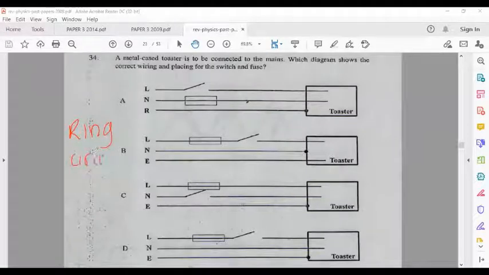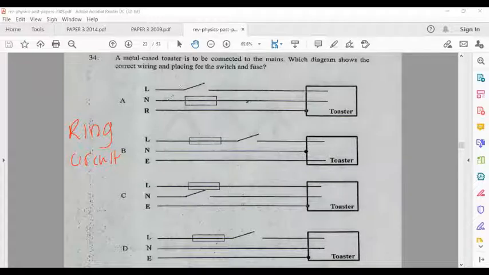What you need to remember about this is that on the ring circuit, only the live wire has fuses and switches. And it makes sense because that's the one that's carrying the current. The neutral wire's purpose is to take the current back to the power station. And so we have three types of wires. We have live, neutral, and ground. So we're looking for a diagram that has fuses and switches on the live wire only.